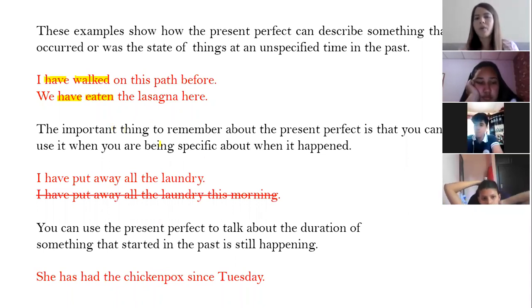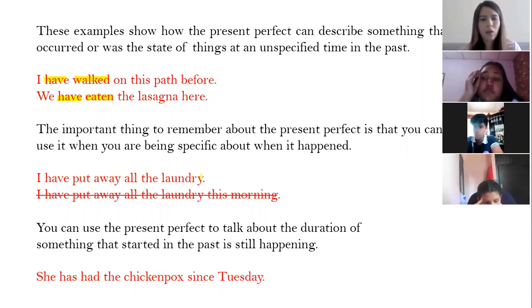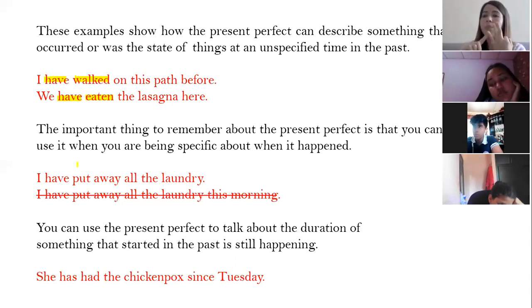The important thing to remember about the present perfect is that you can use it when you are not being specific about when it happened. Lo utilizamos cuando no estamos siendo específicos a la hora de hablar de algo que ha sucedido. I have put away the laundry. Put, recuerdan que le dije que put es un verbo que en sus tres tiempos, presente, pasado y pasado participio, es lo mismo, se dice put.